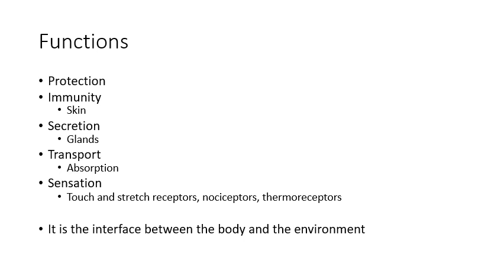Then you have transport, so that would include gas diffusion and absorption. In your gut, of course, you need to absorb nutrients from your food into your bloodstream, so it would be epithelial tissues that are handling that, specifically transporting nutrients from the gastrointestinal tract into your bloodstream. And then let's say in your lungs, you need to absorb gases from the environment.